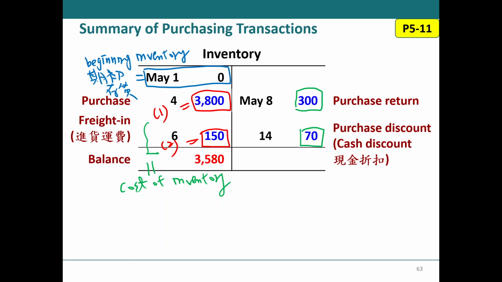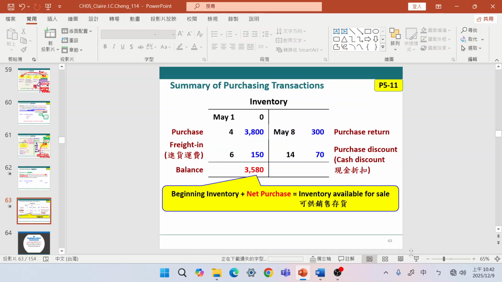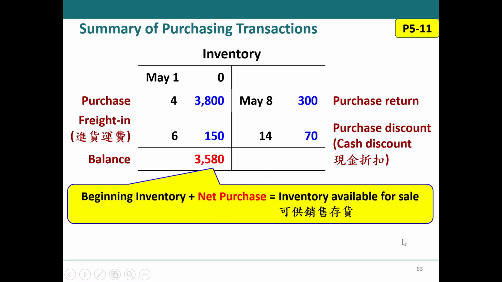So based on the total this year, how much inventory did you buy? Based on the inventory you purchased, then you returned some inventory back, and you got a cash discount, okay? So based on this, in the end, we have $3,580. That's your total inventory, okay?